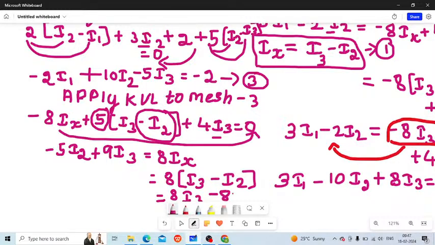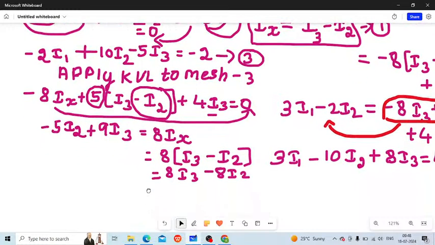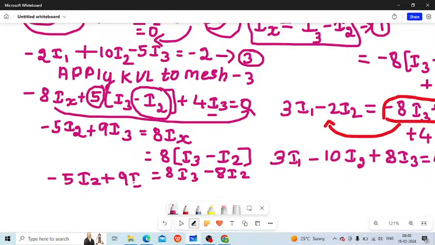8i3 minus 8i2, right? So here the left hand side is nothing but 5 minus 5i2 plus 9i3. I'm sorry.